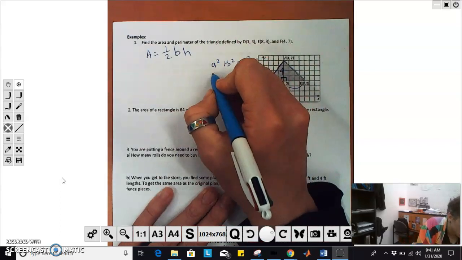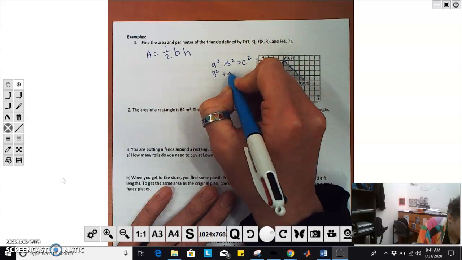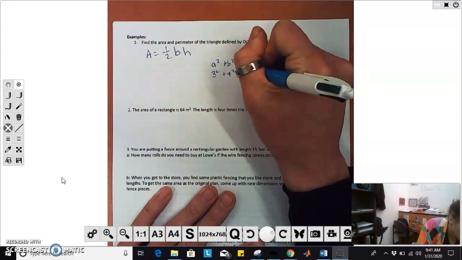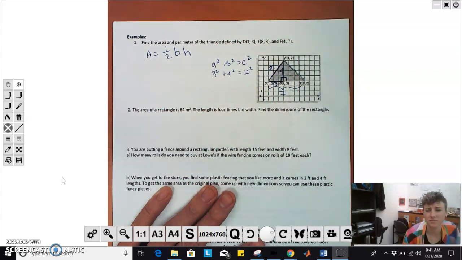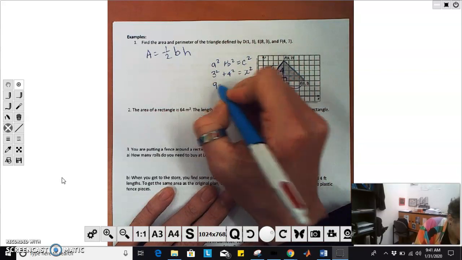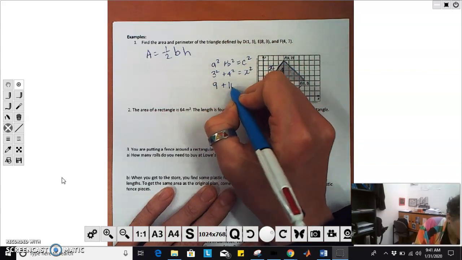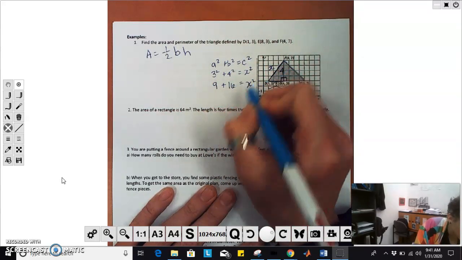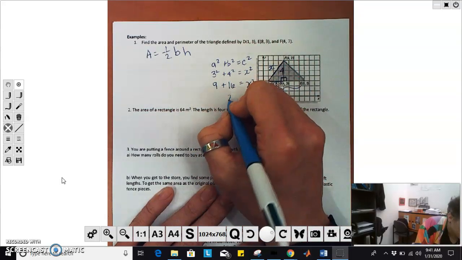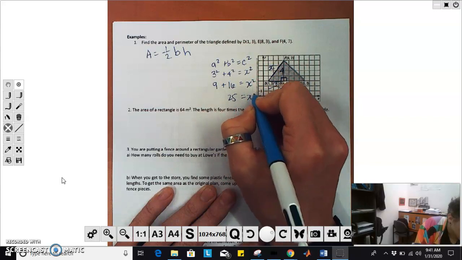So we can do 3 squared plus 4 squared equals the side we don't know. Let's call that x squared. 3 squared is how much? 9. 4 squared is how much? 16. So 9 plus 16 is 25, which is x squared.